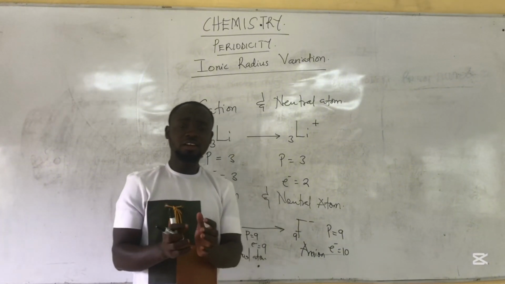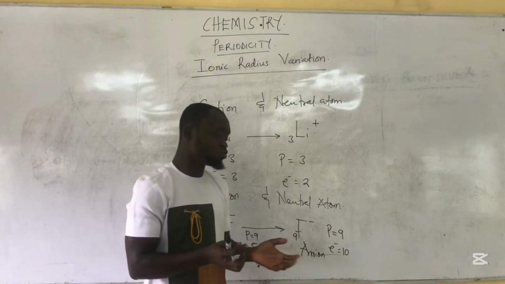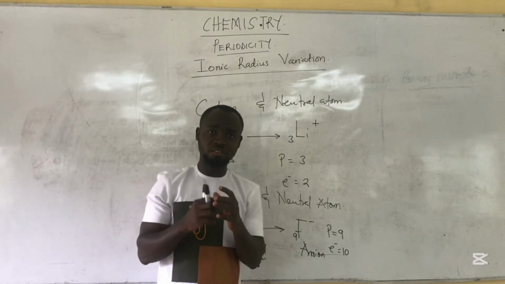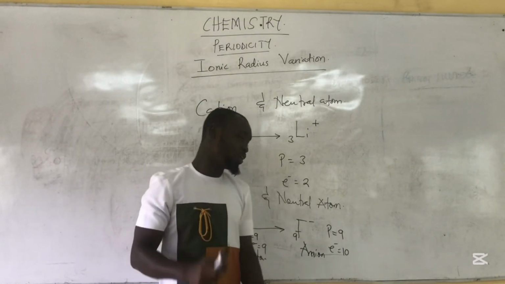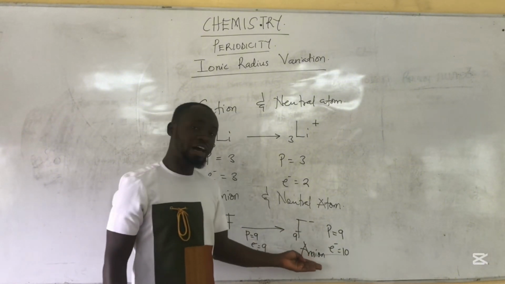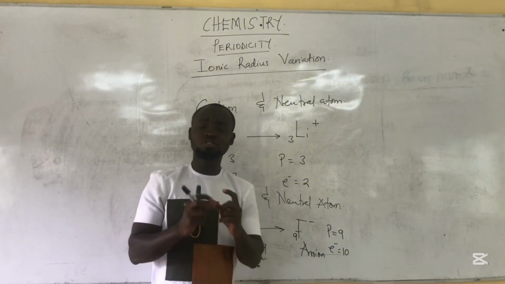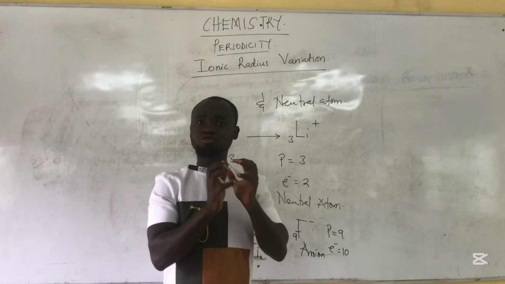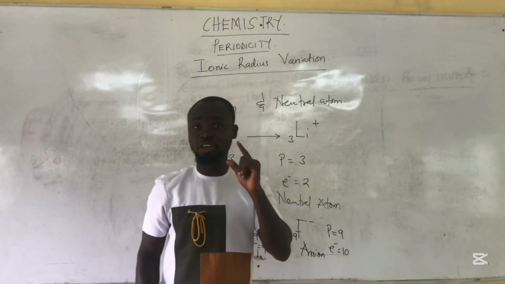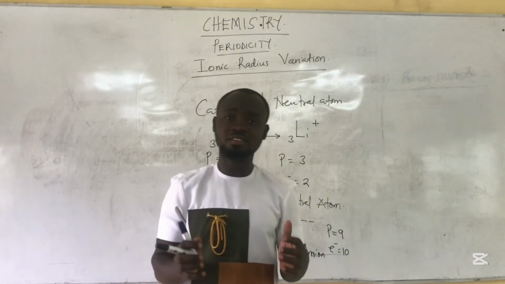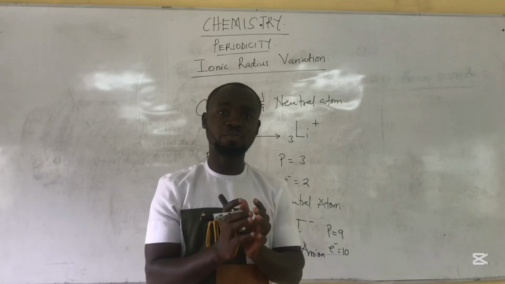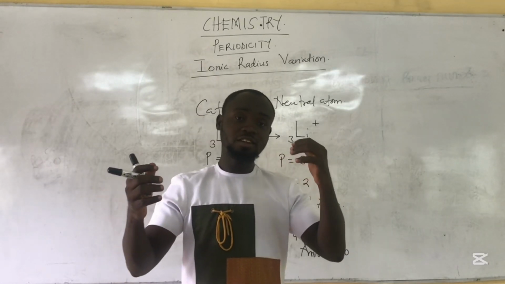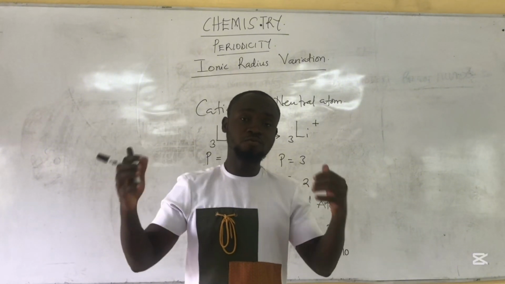It simply means that the electrostatic repulsion between the electrons will be much greater, bringing about a reduction in the attraction caused by the protons in the fluorine anion. And anytime the electrostatic repulsion is greater than the nuclear attraction caused by the protons in the nucleus, it simply means that the radius of that species is going to increase, or the distance between the valence electrons and the protons becomes very, very wide.